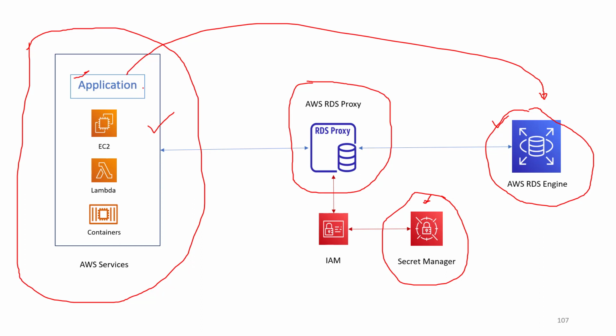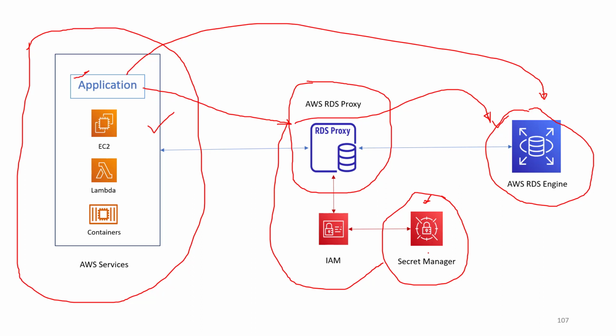Once your application is trying to connect to the proxy, it will automatically fetch the credential from the secrets manager and it will authenticate to your RDS engine. So this is how password-based authentication works. And this is how the proxy helps you, so there is no need to store the credentials anywhere else.